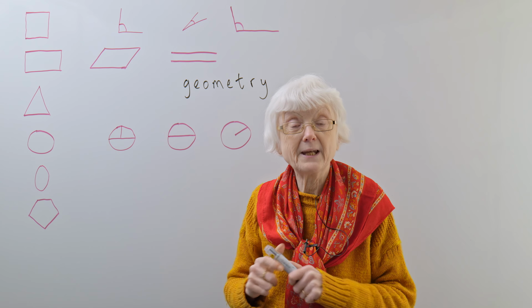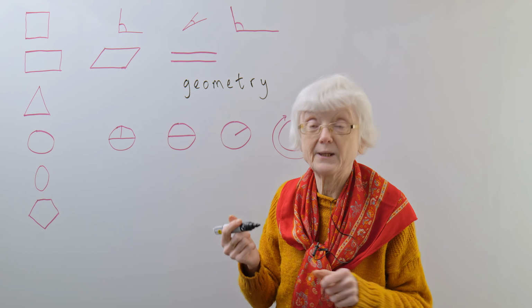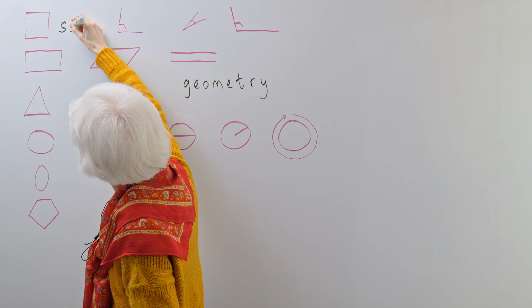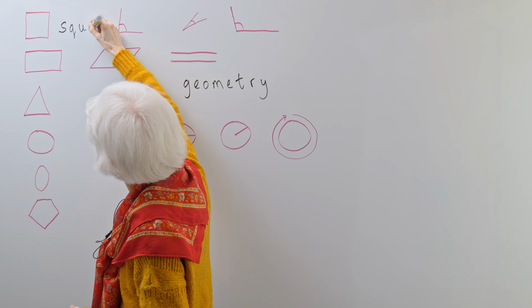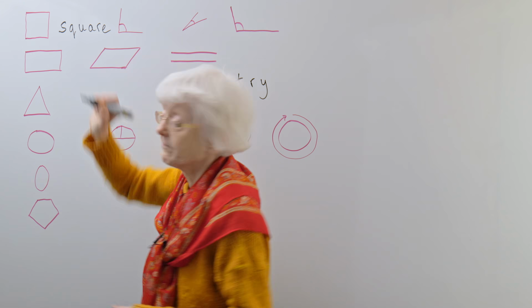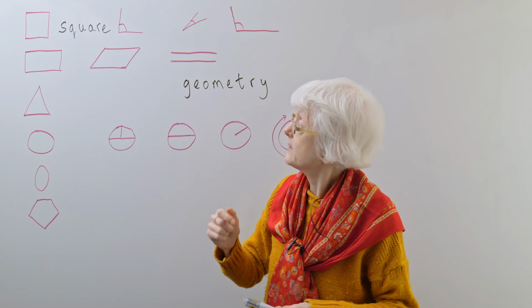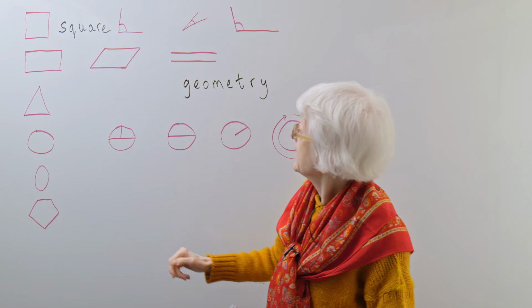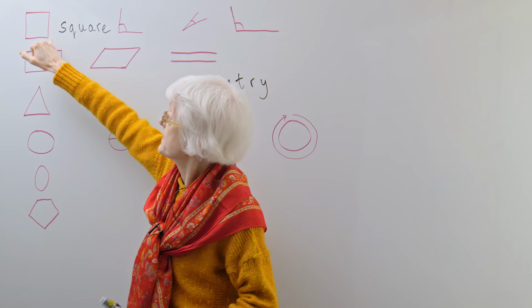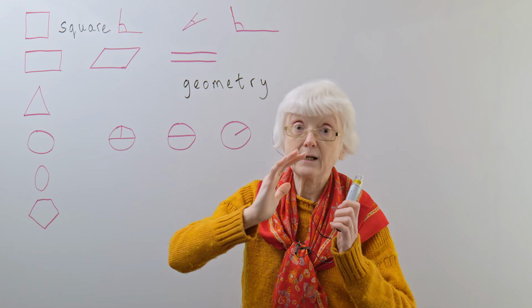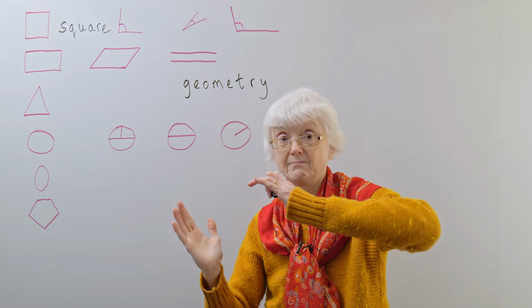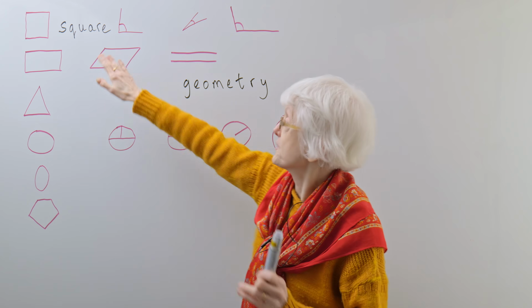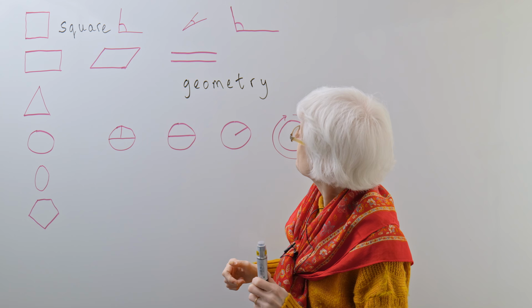So you probably know the name of this, beginning with S. So this one is a square, and it's a square if all 4 sides are equal, and if this is straight and not sort of leaning over, like this one is sort of leaning over, but this is absolutely straight. So that's a square. Okay.